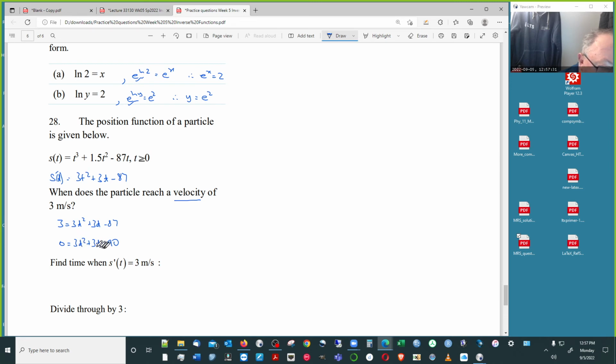Now to make life a bit easier, you can divide through by 3. Okay, and two numbers that add up and multiply, 6 and 5. So we've got a plus t, so we want a plus 6 and a minus 5. So therefore t is equal to minus 6 and 5.